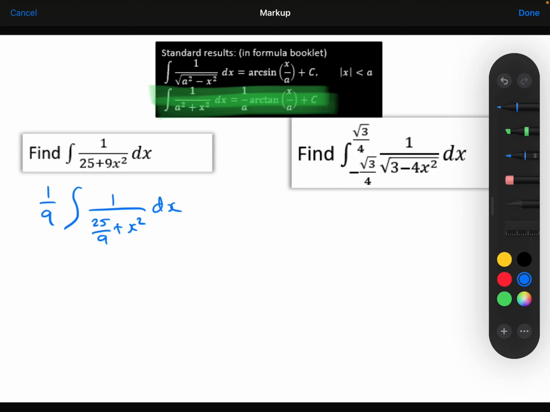Now I can use the result from above, where a squared is going to be equal to 25 over 9. So a is 5 over 3. So using the result from before, we've got the 1 over 9 from the front. Right, the 1 over a. So 1 over a is going to be the same thing as 3/5.